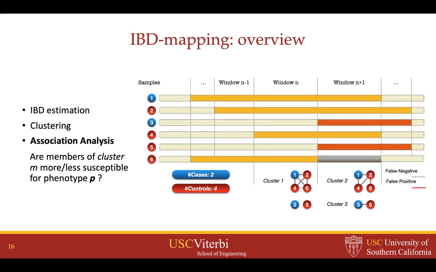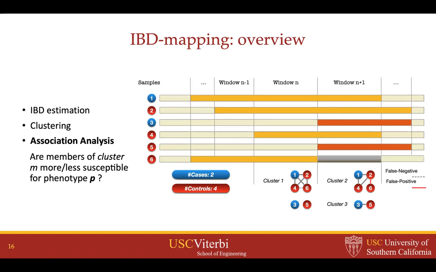Eventually, what you do is this: we now have these little groups of people, these little clusters. I'm going to call them a distant family, very distant because these segments are small. If in this particular segment there's some disease that is much more prevalent in the cluster than in the general population, that can tell you that in this particular region, there could be the genetic cause, the genetic basis, for that disease.